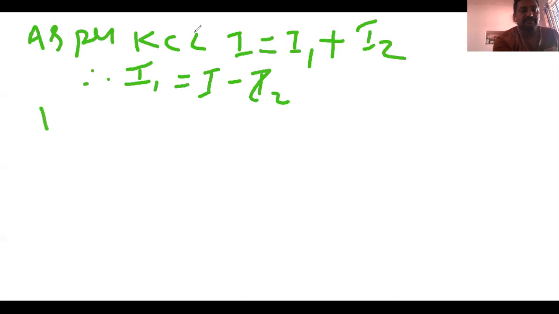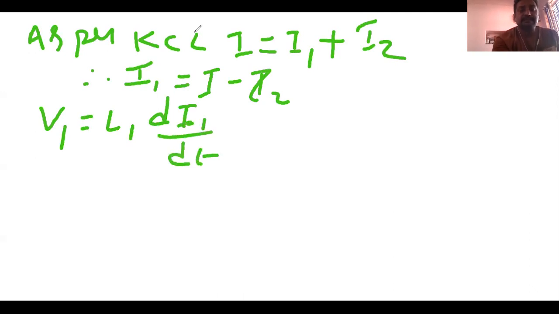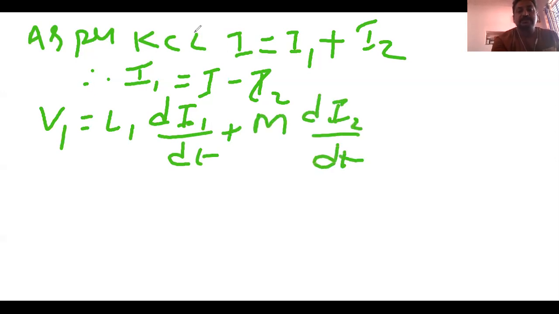First, equation 1: V1 is equal to L1 into di1 by dt plus M into di2 by dt. Earlier we substituted V1 is equal to V2, but that is not sufficient to evaluate this problem. So now we want to continue.